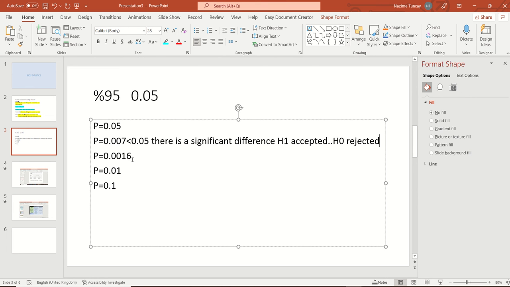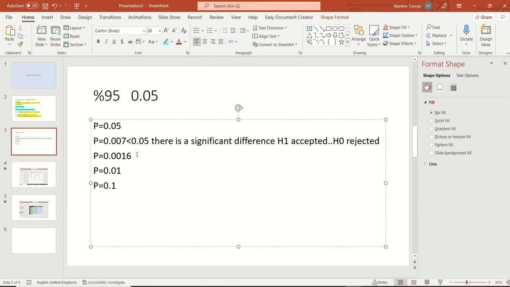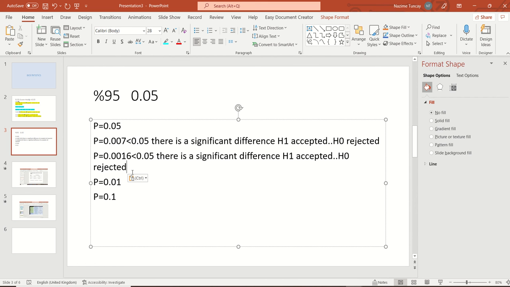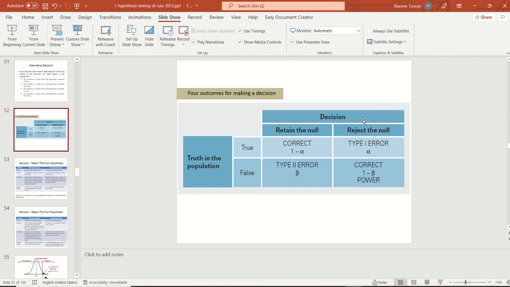So here, small or big? Small. If a statistician makes a mistake and says that this is big, then they make a mistake. If the reality is that we retain the null, that there is no difference, and the statistician says okay, then this is fine.